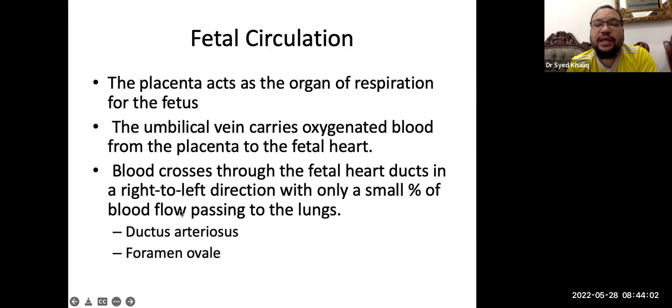Why? Because the right side, which is the pulmonary circulation, has higher pressure compared to the left side, the lower pressure circulation. There are two places where they bypass: the ductus arteriosus and the foramen ovale.